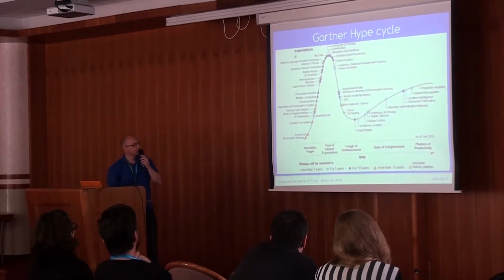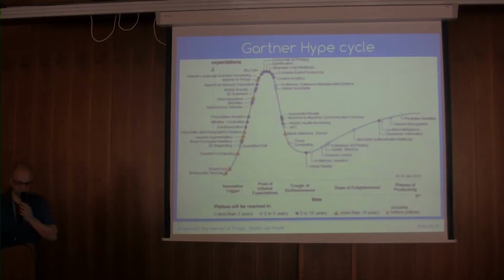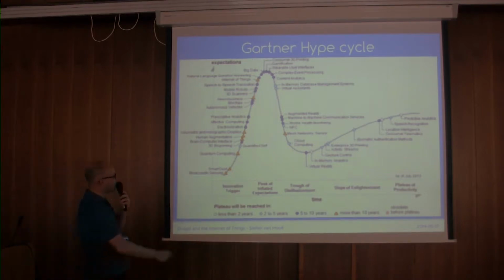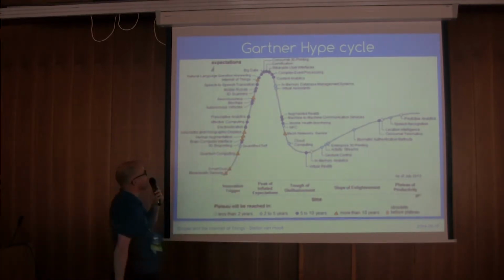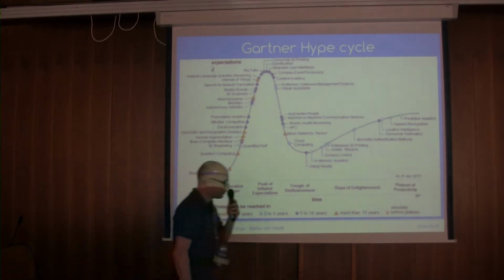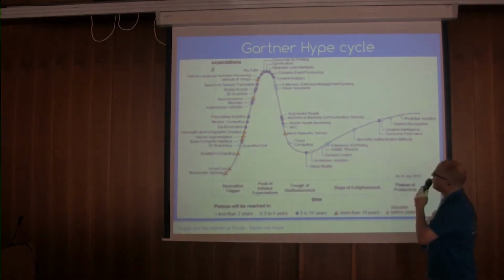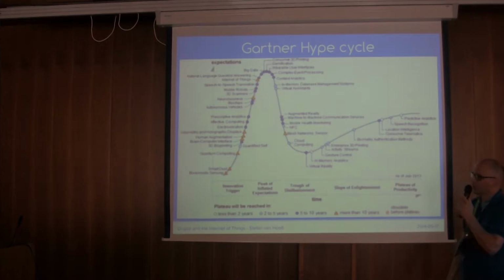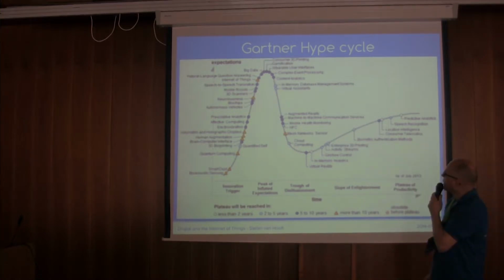This unfortunately isn't the sharpest of slides, but as long as you can see the curve, that's fine. This is just an example of the Gartner Hype Cycle about the Internet of Things.